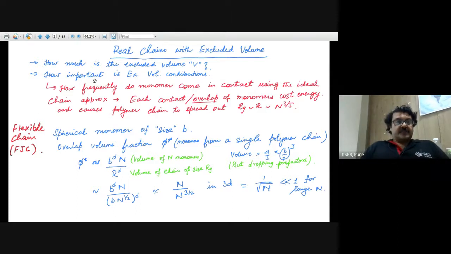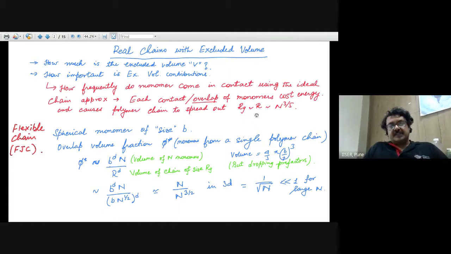The first thing we are going to discuss is how frequently monomers come in contact, using the ideal chain approximation. Each contact or overlap of monomers costs energy and causes the polymer chain to spread out, right?